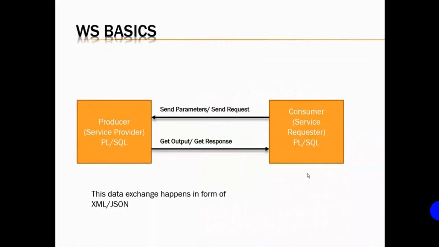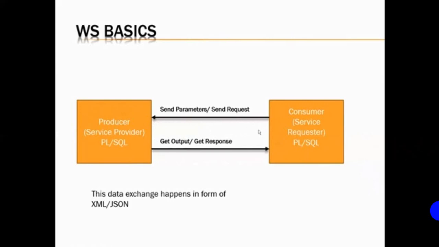That interaction typically happens in XML format or JSON format, JavaScript Object Notation. This conversation can happen in XML or JSON format, where these two systems can talk to each other.